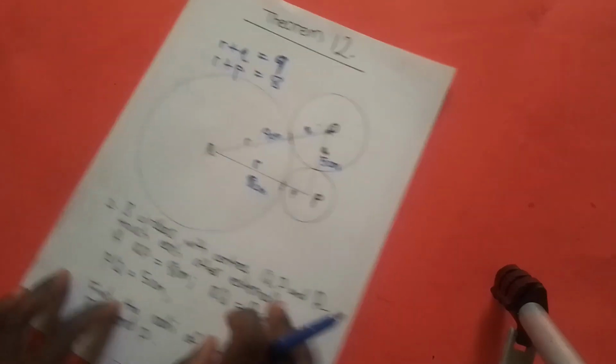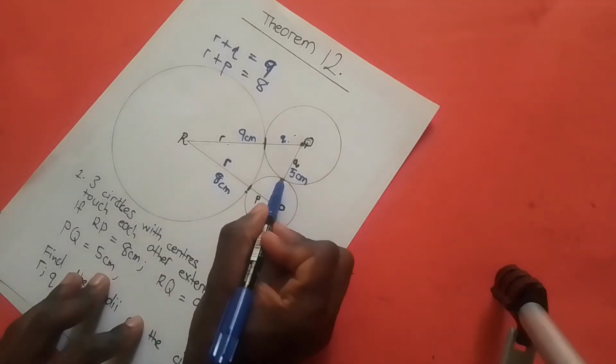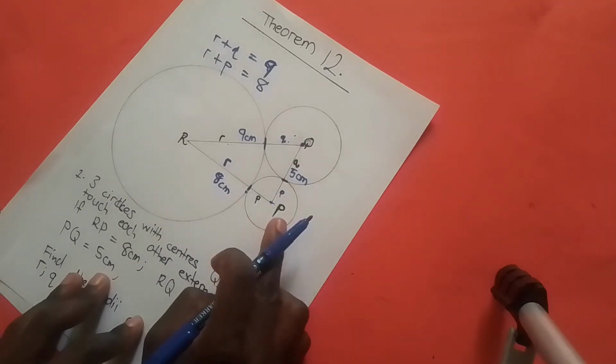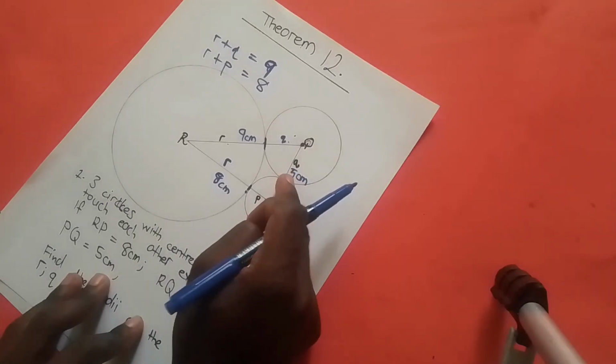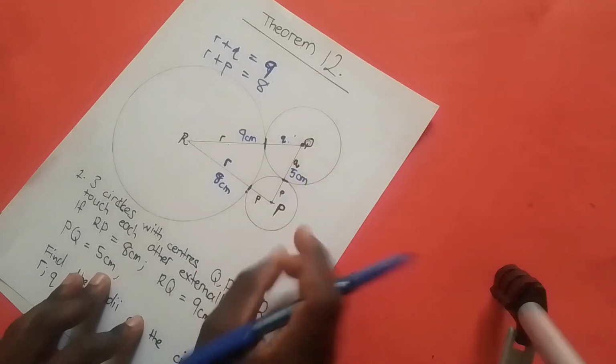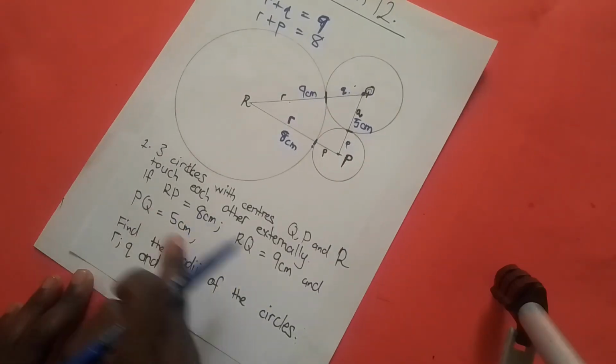Then also from this point to this point is P, the radius of this circle, and from this point of contact to the center is Q, the radius of circle Q. From the question, PQ is equal to 5 centimeters.